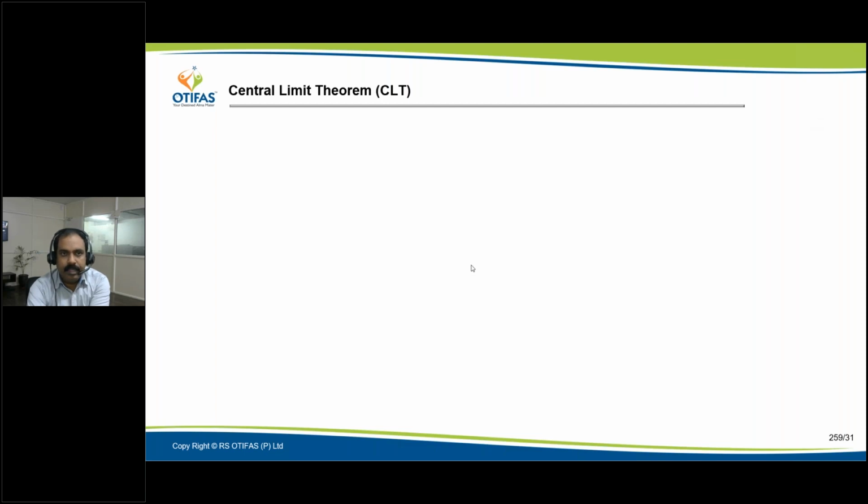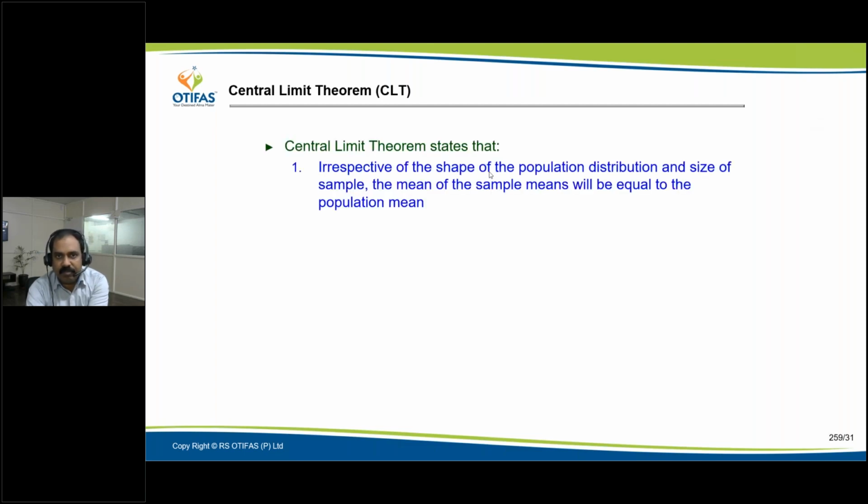Now what does it say? It states that irrespective of the shape of the population distribution and size of sample, the mean of the sample means will be equal to the population mean. This is called the central limit theorem. What does this mean? I have around 1,000 data of specification of a particular drug.